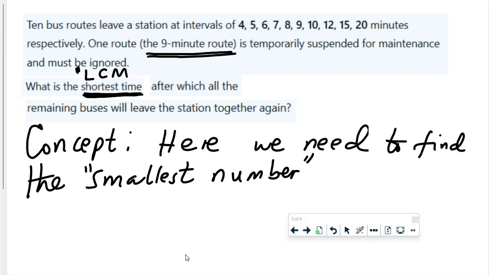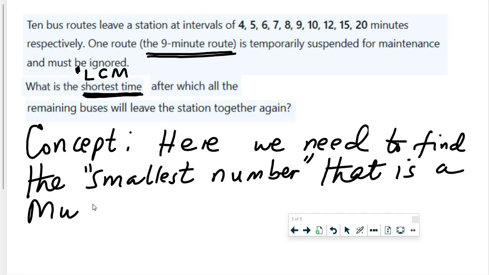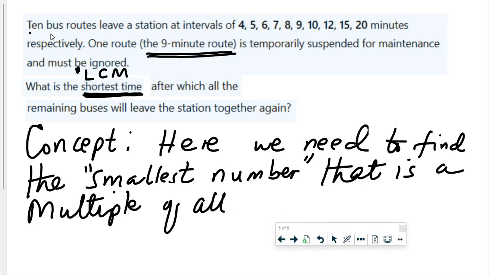So here we need to find the smallest number that is a multiple of all 10 bus routes.